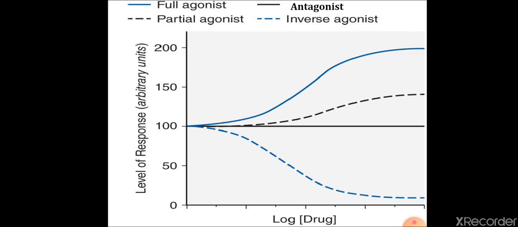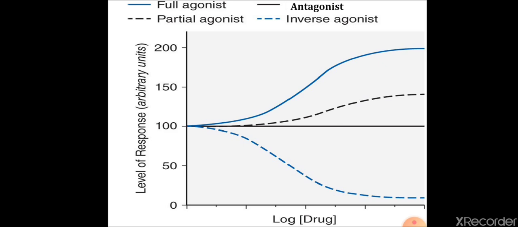This can be shown in this graph also. On the x-axis there is drug concentration, and on the y-axis there is level of response. You can see here the full agonist, that is shown by the blue line, complete blue line.